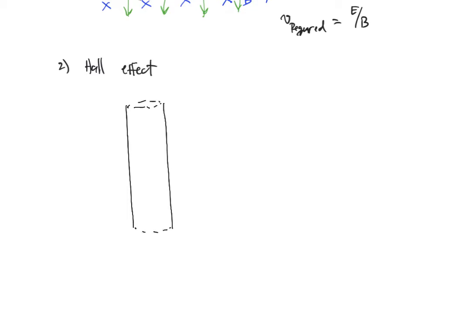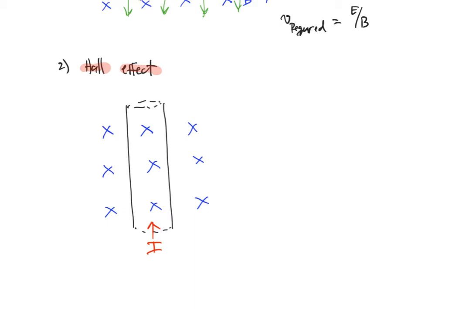And that wire happens to be immersed in a magnetic field. So these blue X's are indicating the magnetic field. And maybe the direction of the current in the wire, which is the direction of the moving charges, of course, is this way. In other words, we're imagining positive charges that are moving upward. And if we do this, through what's called the Hall effect, as these little positive charges move, there's going to be a magnetic force.